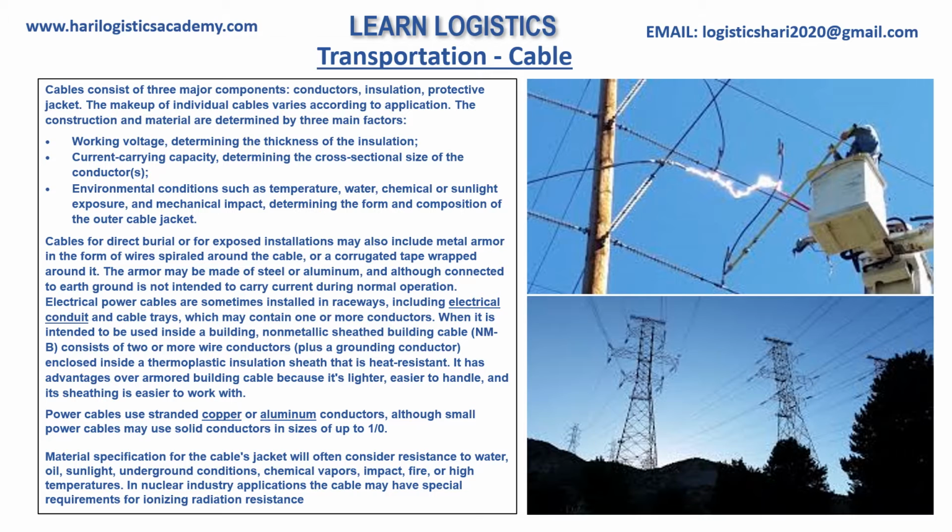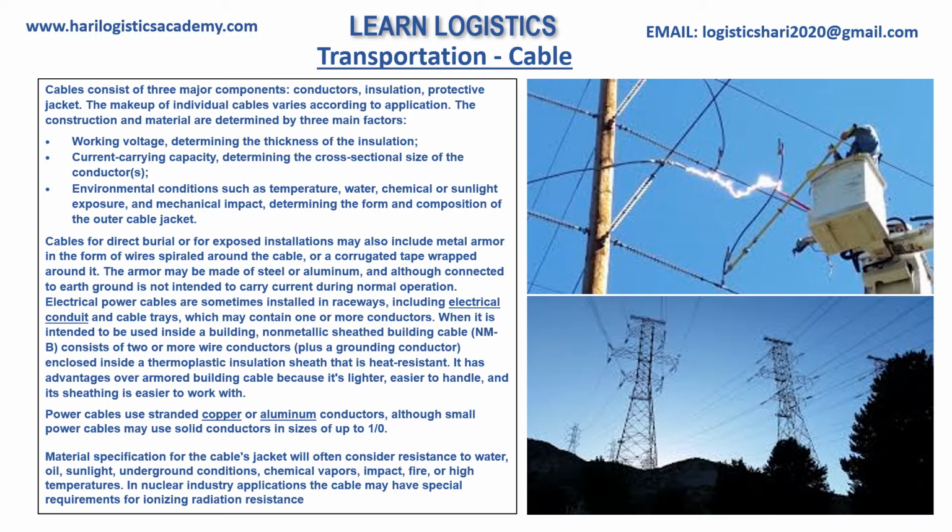Cables for direct burial or for exposed installations may also include metal armor in the form of wires spiraled around the cable or a corrugated tape wrapped around it. The armor may be made of steel or aluminum, and although connected to earth ground, is not intended to carry current during normal operation.